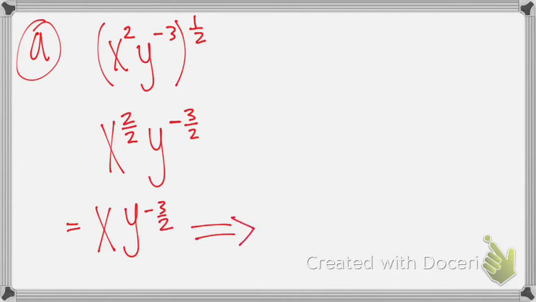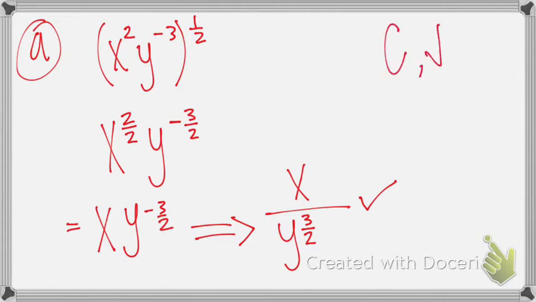No. So I want to leave my x on top, and I want to move my y to the bottom. So that is how you do A. The answer for A is also the answer for C, I, and L.